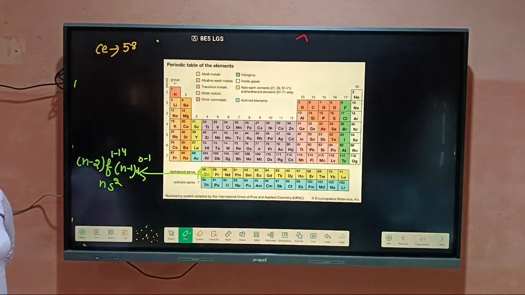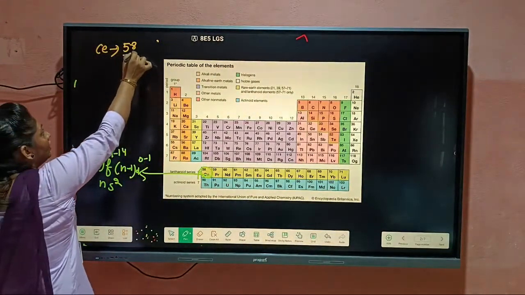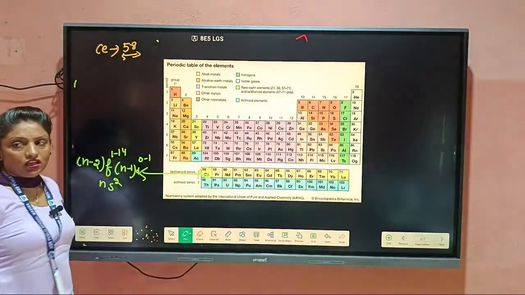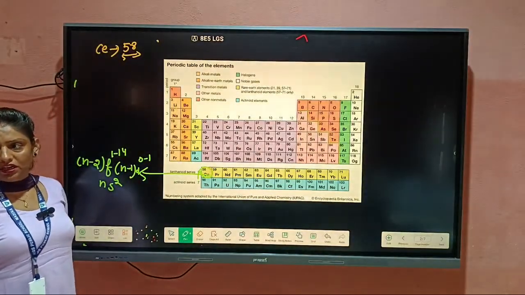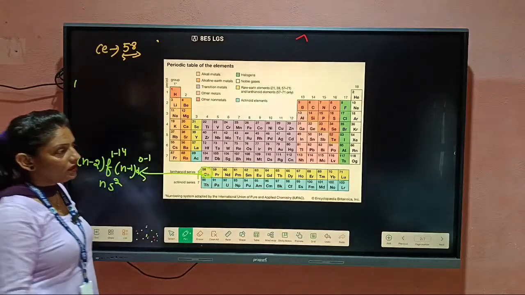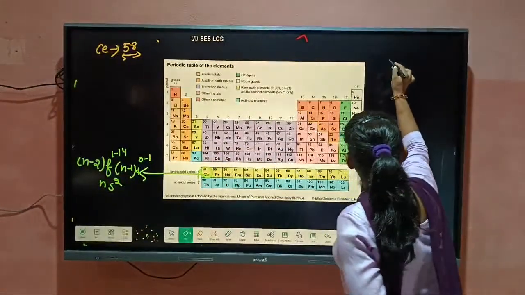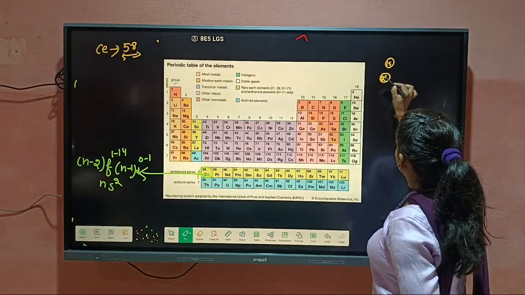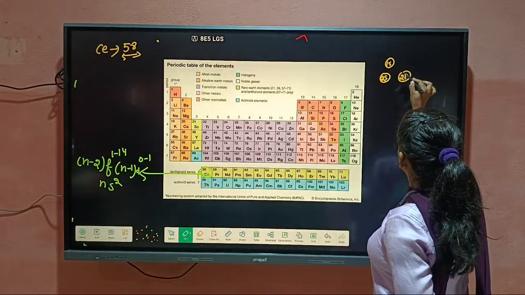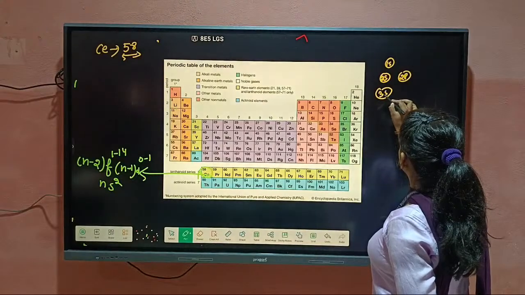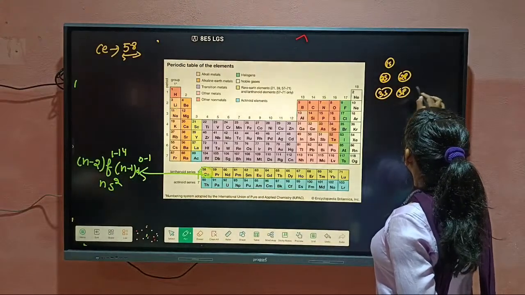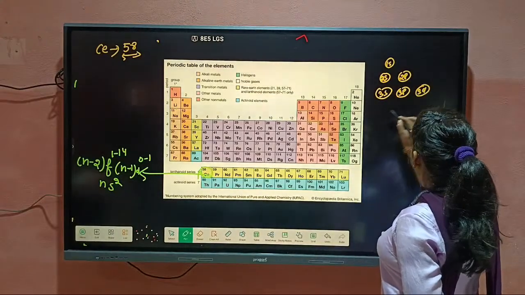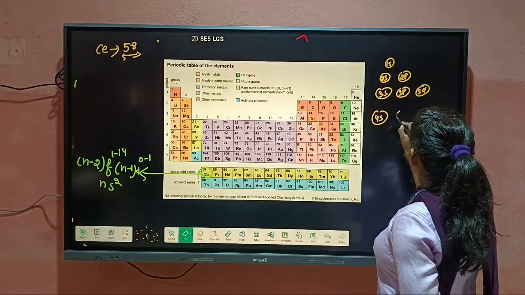So now write the electronic configuration for this. What will be the configuration? First of all, 1s, 2s, 2p, 3s, 3p, 3d, 4s.